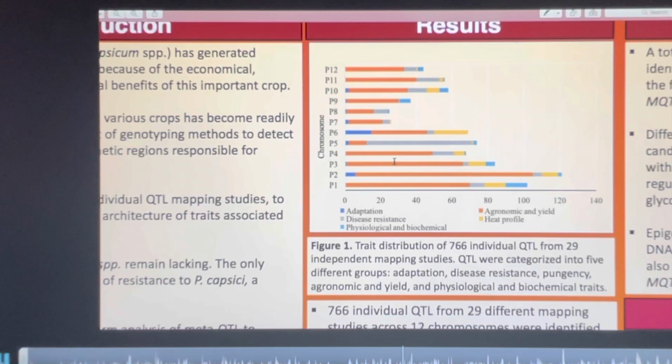Figure 1, as you can see, represents the distribution of traits which had been categorized into 5 different categories. We had adaptation, disease resistance, physiological and biochemical, agronomic and yield, as well as heat profile. As you can see, a majority of these traits were agronomic and yield, if you look at the orange bars there. But then if you look at chromosome P5, for example, that contained majorly disease resistance related traits.